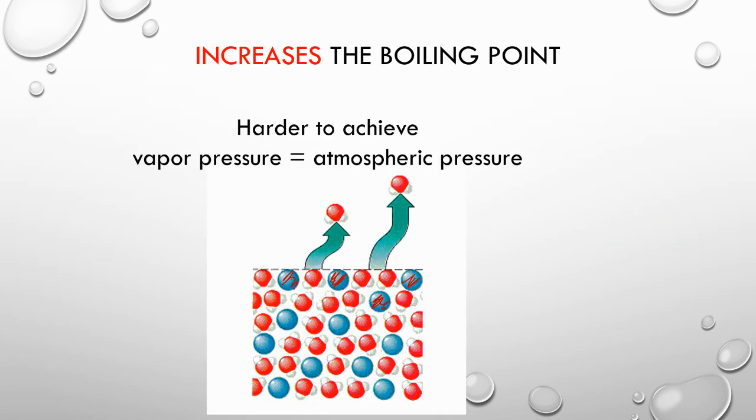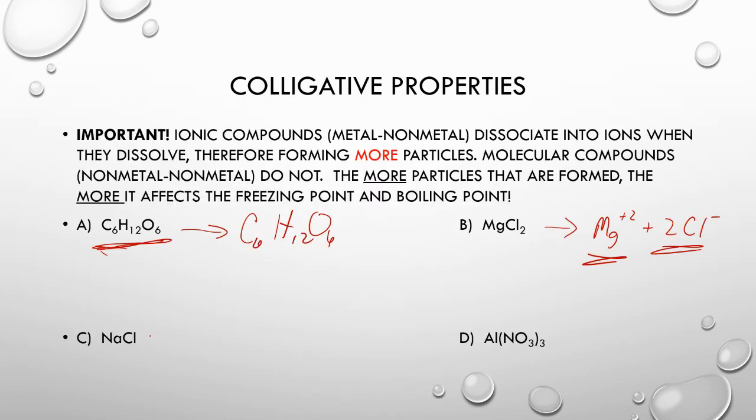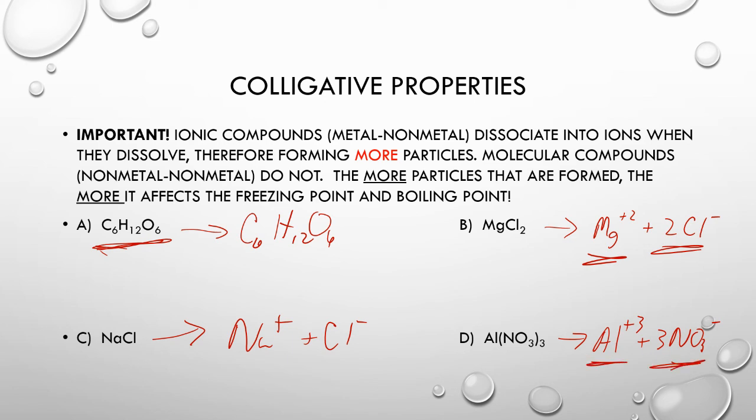So you'll have three particles breaking that up for every one MgCl2. For NaCl, you would have two particles for every one NaCl. For aluminum nitrate, you would have four, because aluminum nitrate will dissociate into a total of four ions, three nitrates and one aluminum. So now you have four particles breaking apart that stuff as ice, and four particles holding back the water as a boiling thing.